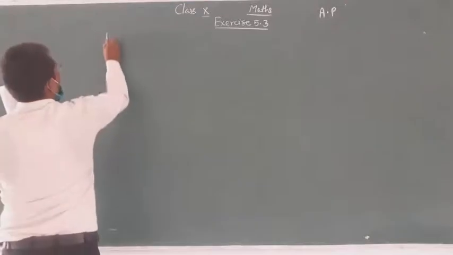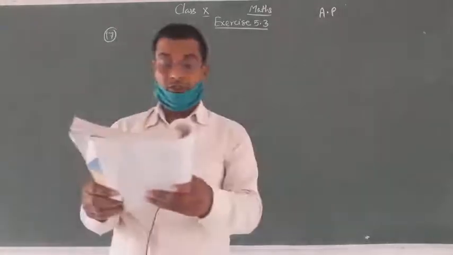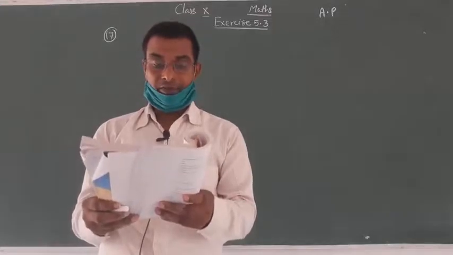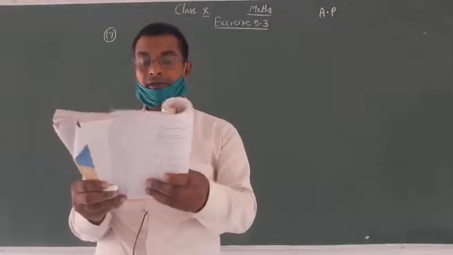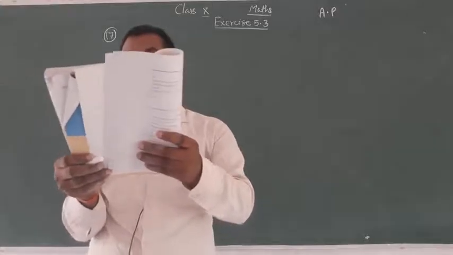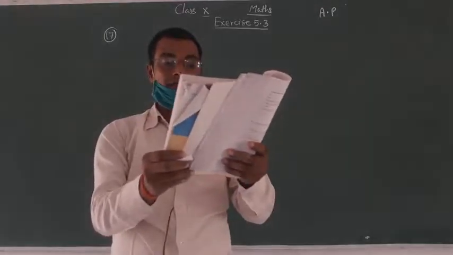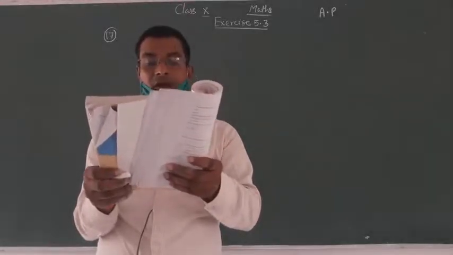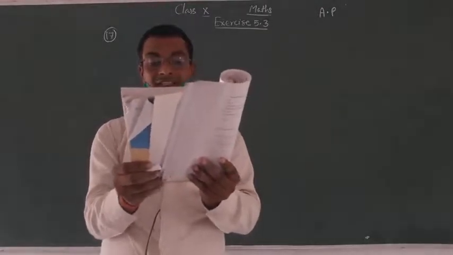Question number 17. Now look at question number 17 in your book, page number 113, arithmetic progression. In a school, students thought of planting trees in and around the school to reduce air pollution. It was decided that the number of trees that each section of each class will plant will be the same as the class in which they are studying.